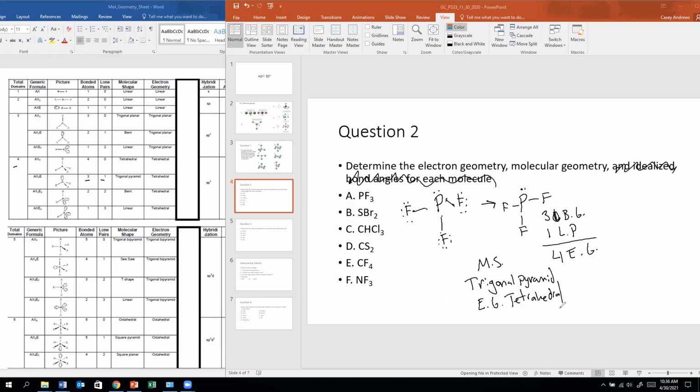Right? So it's the same exercise as in 1, but instead of a picture, I'm having you make the picture using your Lewis structures. So take a stab at this and see how you do. If you have questions, let me know.